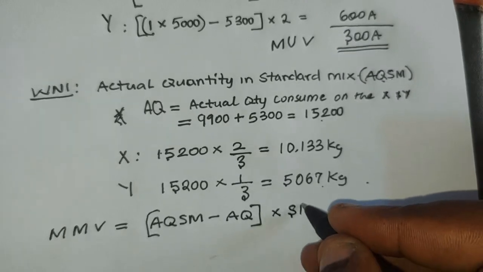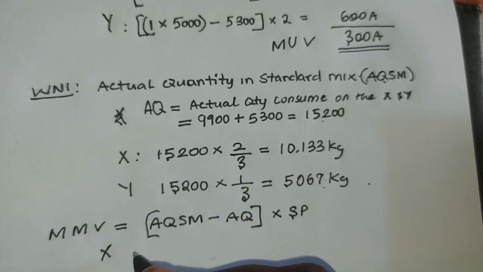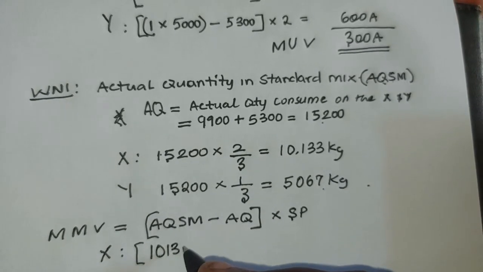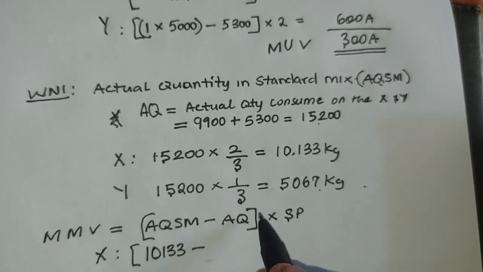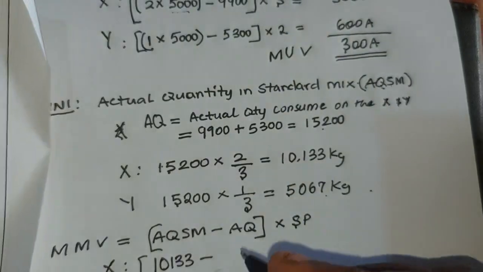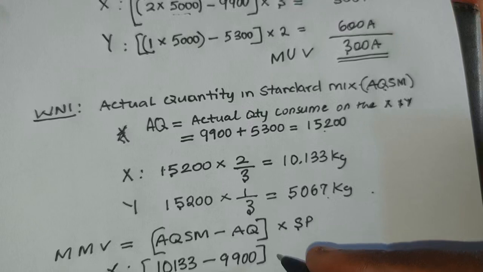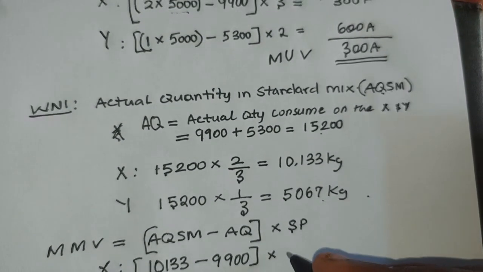So for X, the actual quantity in standard mix of X is 10,133 minus the actual quantity consumed, 9,900, then multiply by the standard price, which is 3.